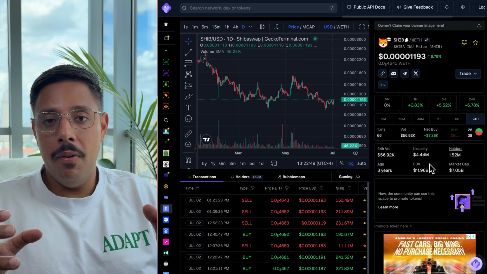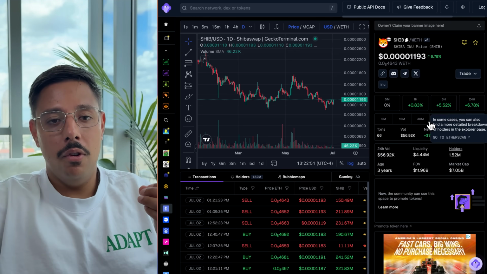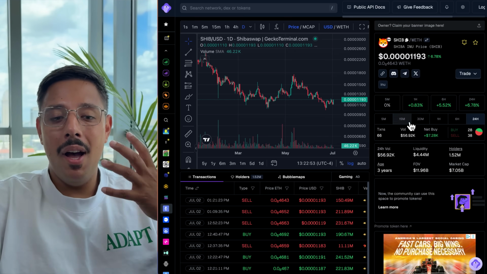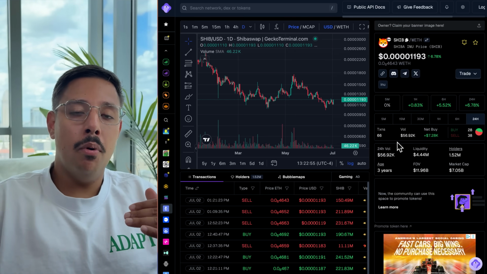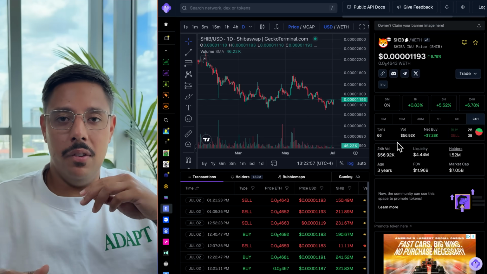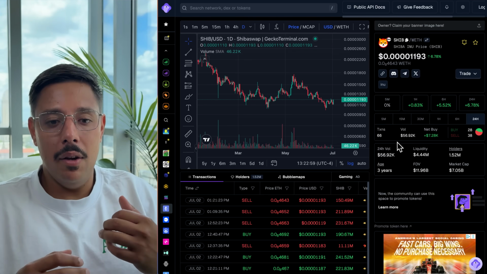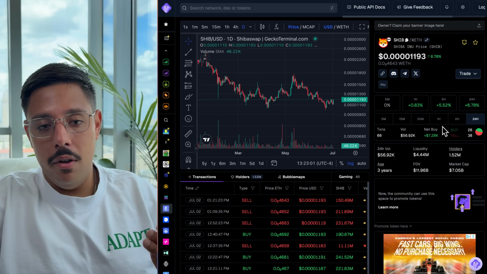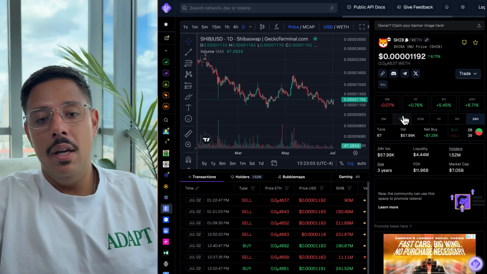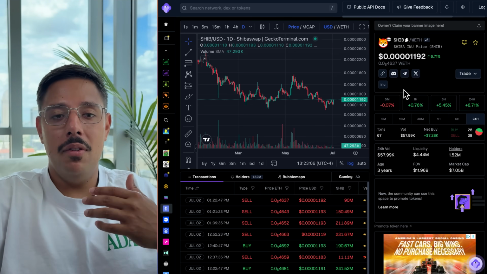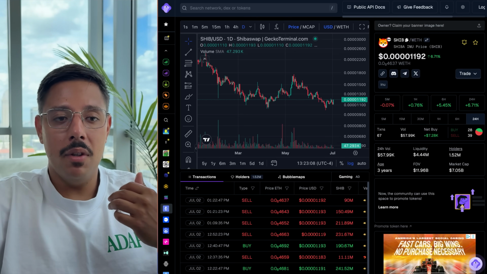There's a very similar effect in these liquidity pools, okay? The more liquidity the pool has, the less the price increases or decreases. It's not as volatile. Meaning if I put $1 million into this liquidity pool, it's not going to move by that much, maybe 10% pump, 20% pump, or whatever the case is.